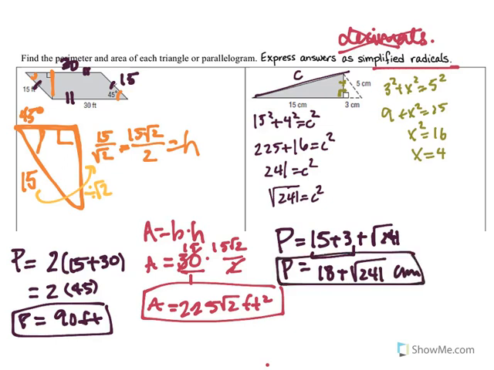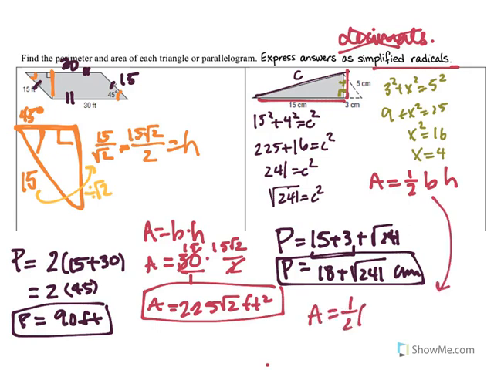Okay, if I'm going to do area, then I need to do 1/2 base times height because this is a triangle. So area equals 1/2 base times height. Base is 15. Height is 4. I'll do it down here.